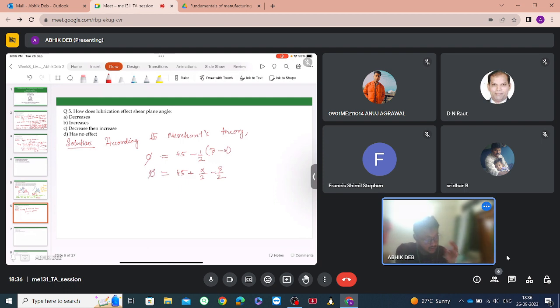Okay, so how does lubrication affect this shear plane angle?